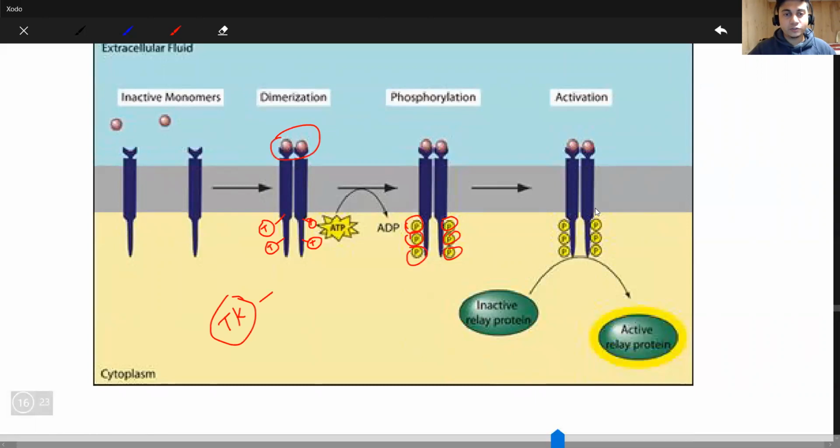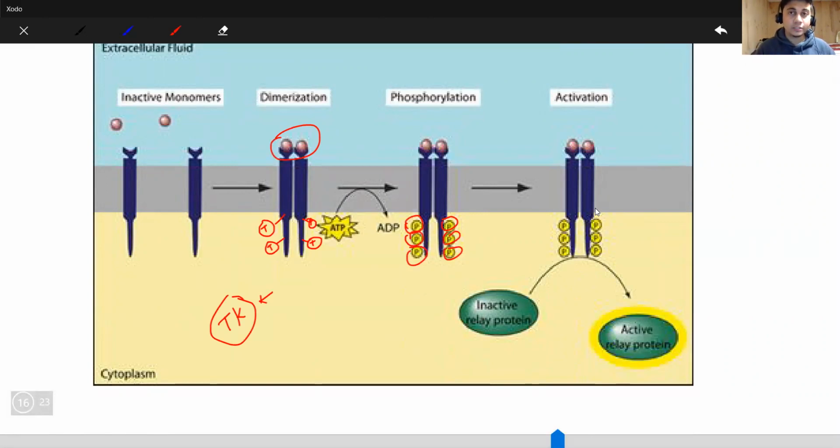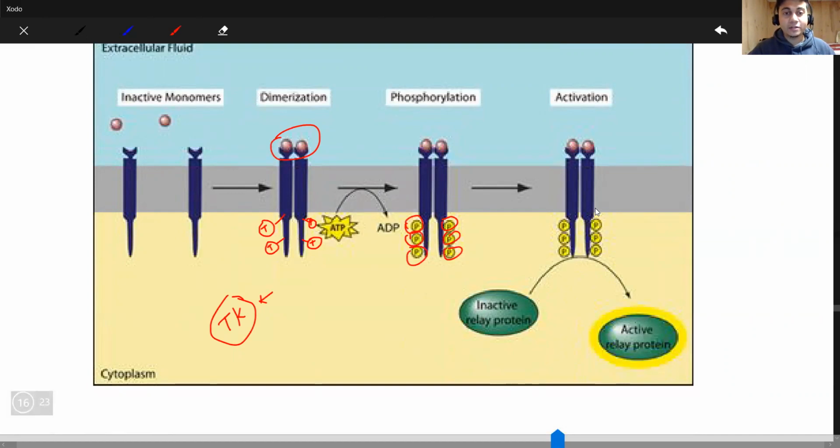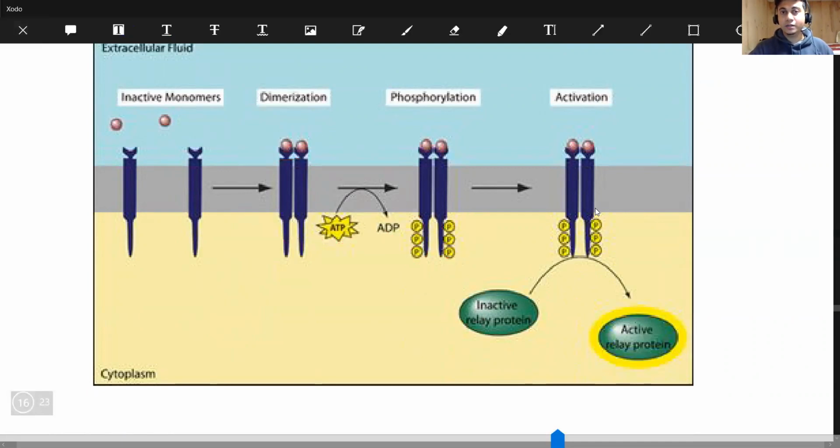And whenever you see the word kinase, what comes to your mind? Kinase means some enzyme that adds phosphate to its substrate with the expenditure of ATP. Now, this tyrosine kinase will add phosphate to these tyrosine residues with the expenditure of ATP. That's why you see these phosphate groups attached here. They're not showing the tyrosine residues very intricately, but you can guess that here are the tyrosine residues and where these phosphates are binding.